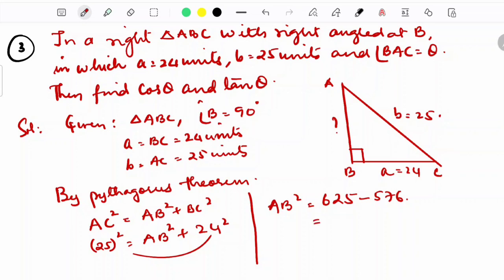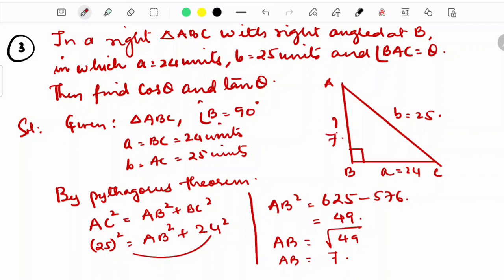This gives me 49. So AB will be square root of 49, so AB will be equal to 7. So we got this as 7.